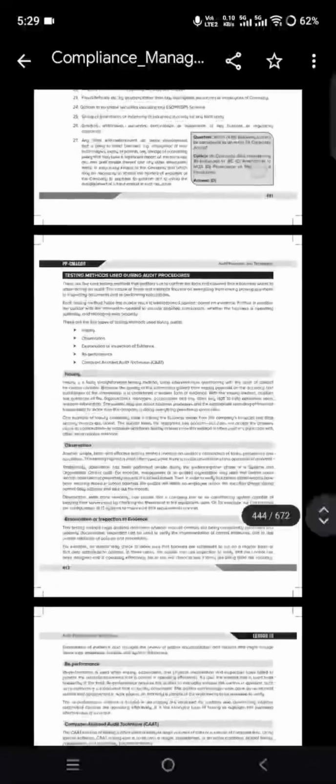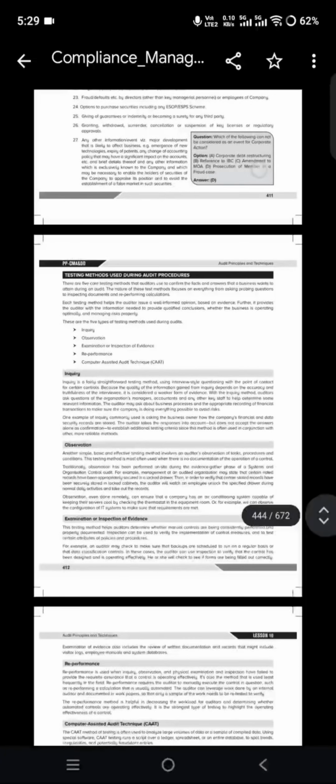If the question is about during the audit, like a CS is conducting an audit and wants to test compliance-related matters, what testing methods can he deploy? Inquiry, observation, examination or inspection of evidence, re-performance, and computer assisted audit techniques.